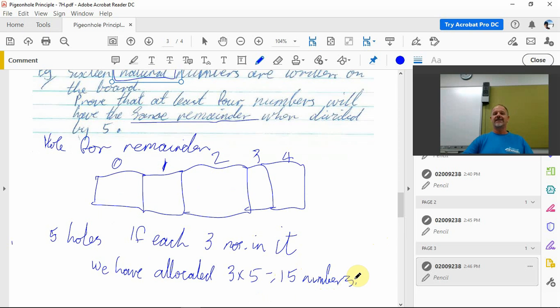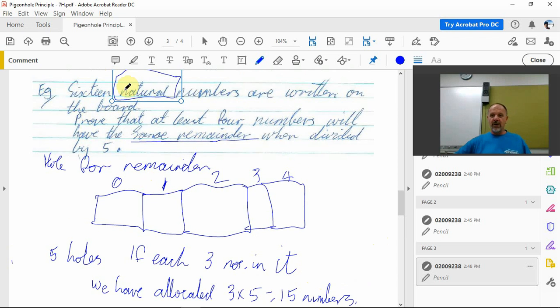But it says that 16 were written on the board. So there's one more number. So these have already got 3 in them. So when we stick one more in, one of the holes has then got to have 4 in it.